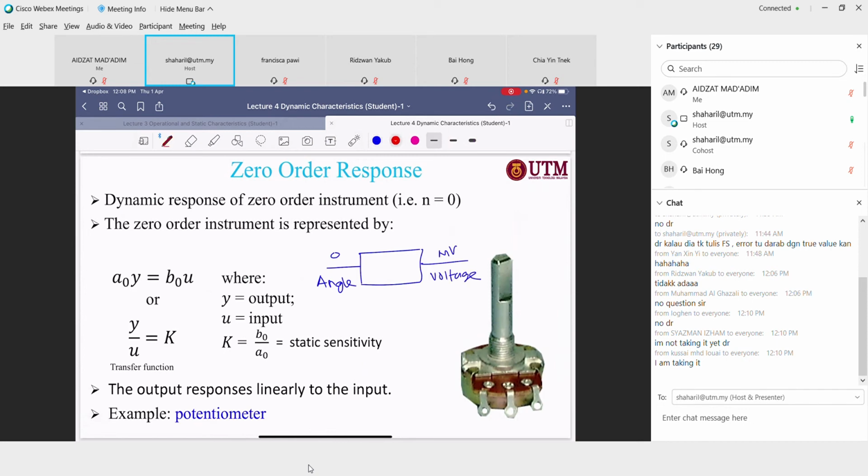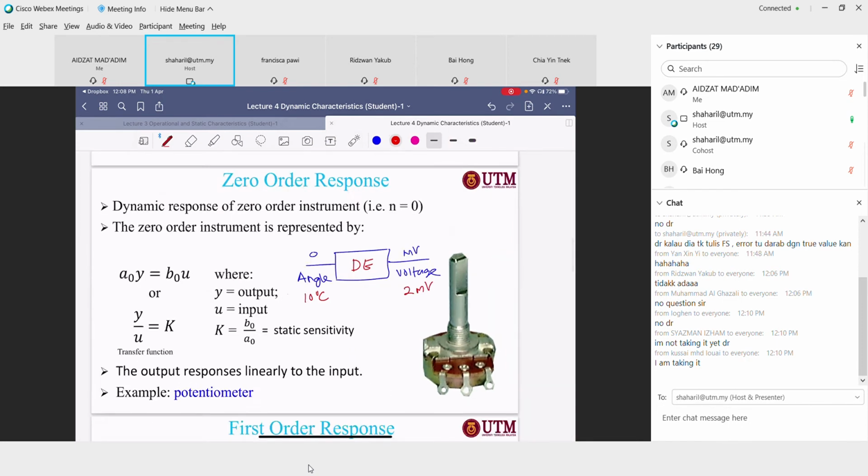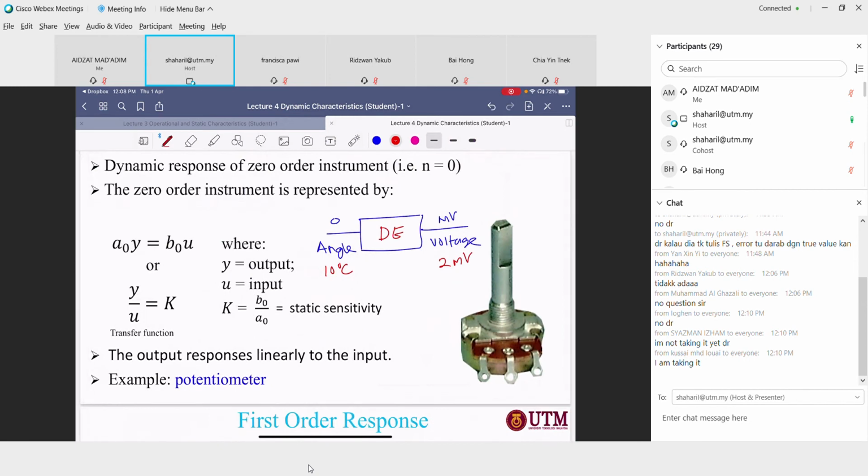Inside this one is your ODE, the differential equation. So when you give the angle, you turn the knob to 10 degrees, it will give you straight away, for example, 2 millivolts. And the value doesn't change over time.